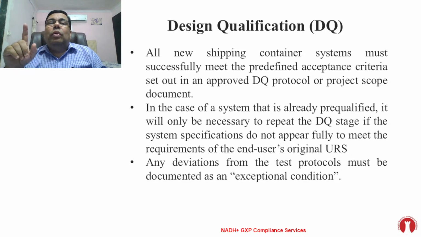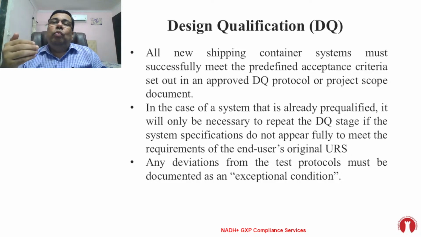In the case of a system that is already pre-qualified, it will only be necessary to repeat the DQ stage if the system specification does not appear to fully meet the requirements of the end user. So if your end user requirements are not fully addressed in the DQ, then of course you can perform an additional DQ in addition to the document.